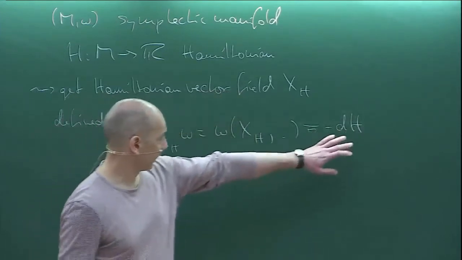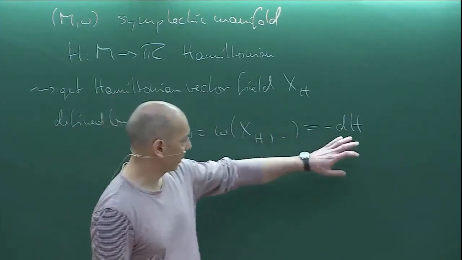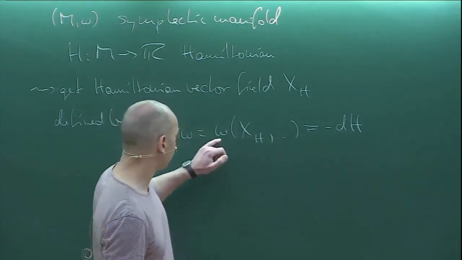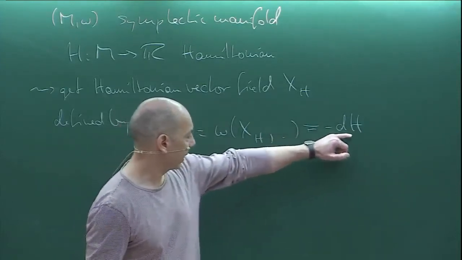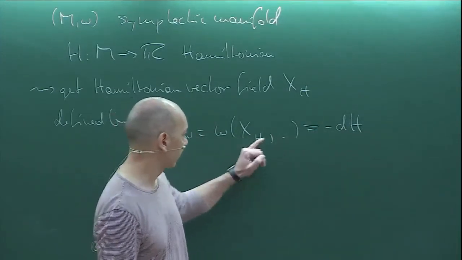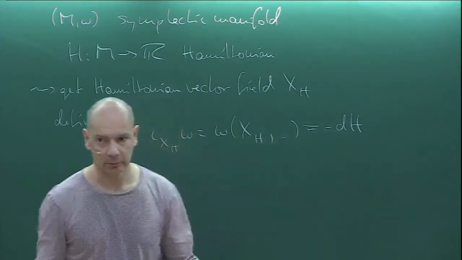Or starting the other way around, the differential of H is a one-form, and since omega is non-degenerate, any one-form is dual to a vector field. And so X_H is the vector field dual to minus dH.